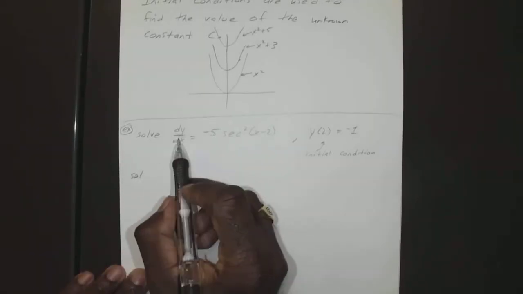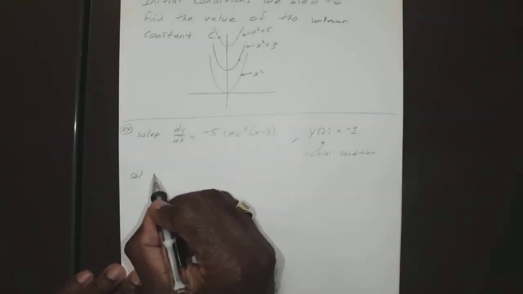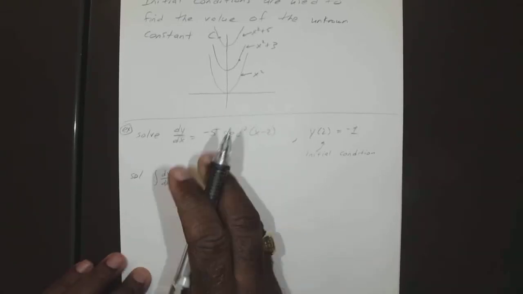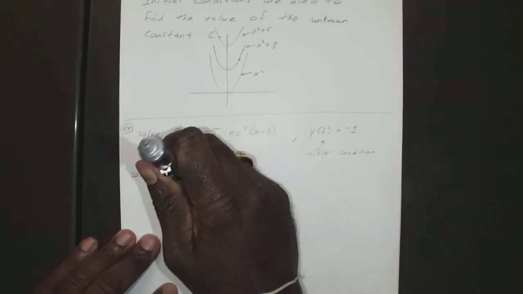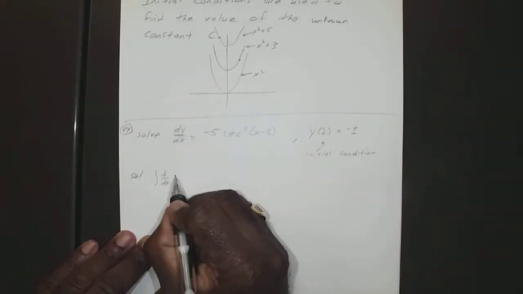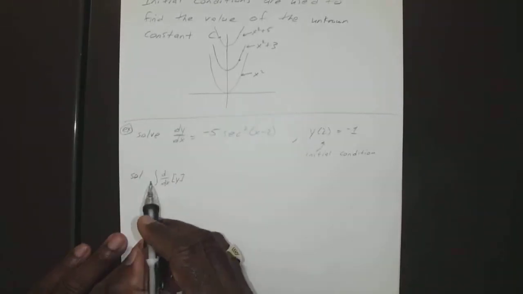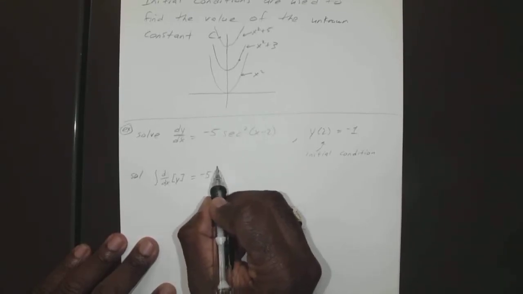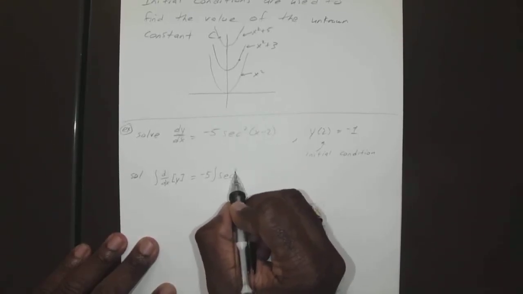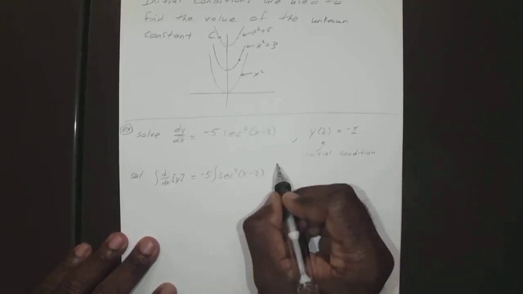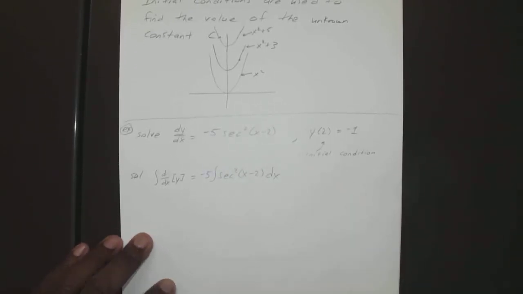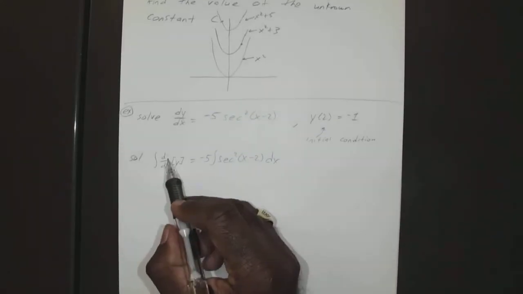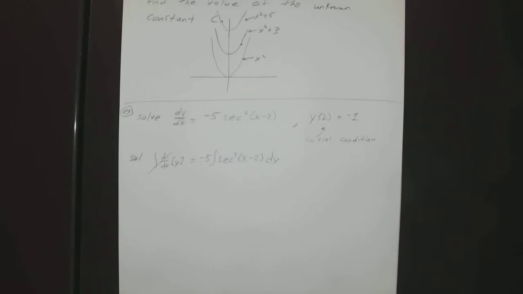Okay, so the first thing we do is we integrate both sides. The integral of dy with respect to x, or if you wanted to, you could say the derivative with respect to x of y, because that's going to cancel each other out, equals -5 times the integral of secant squared of x minus 2 with respect to x. So these two cancel each other out, derivative and the integral.